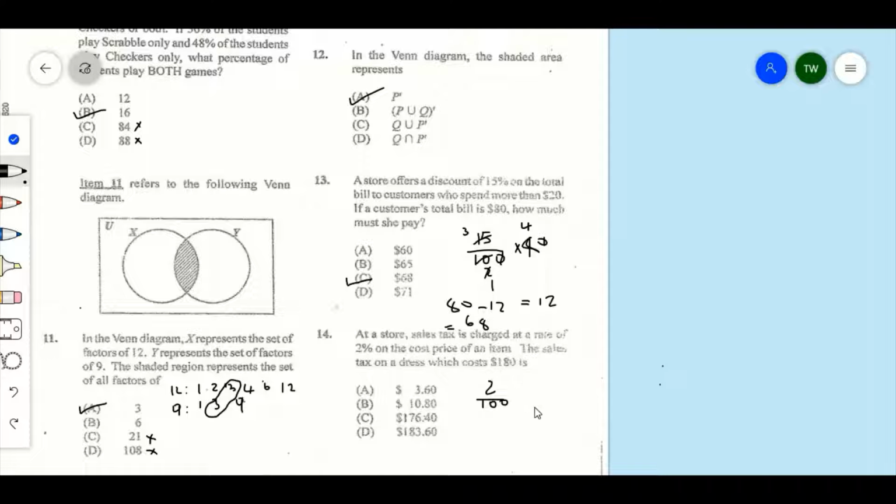On the cost, and that's times 180. And all we need to do is to reduce this. So 2 over 100 is just the same thing as 1 over 50.